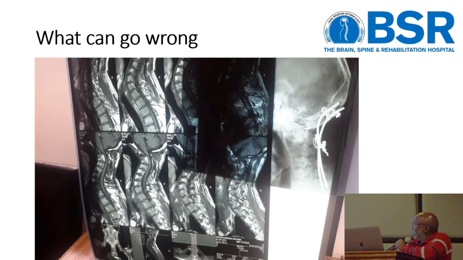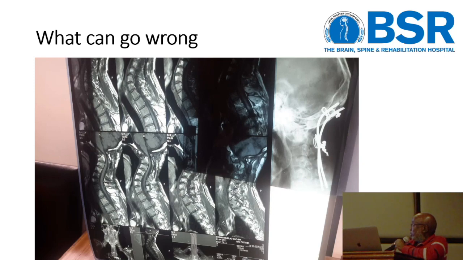Now, but what can go wrong? Before, at some time, we used to use K-wires to do the posterior fusion, and this is because of lack of equipment. With K-wires, there will be infection, there will be displacement.